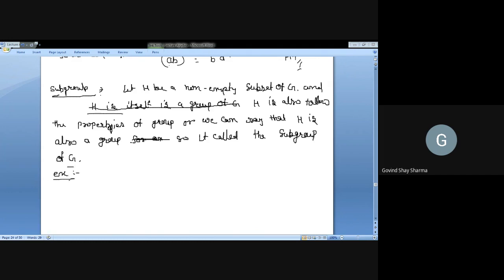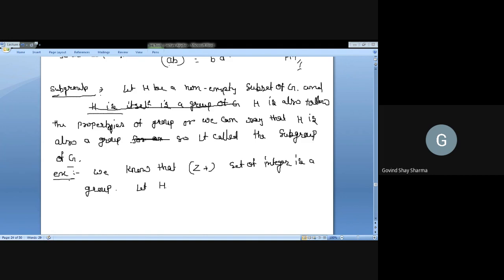For example, we know that Z plus, the set of integers, is a group.